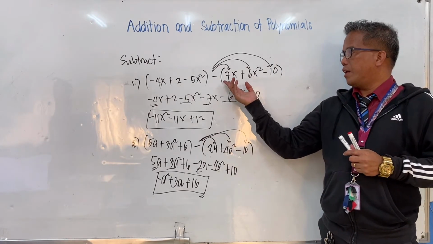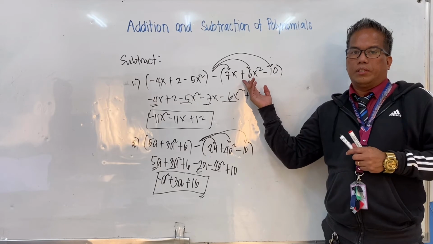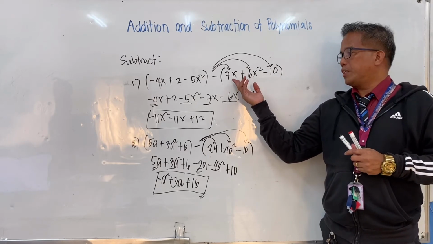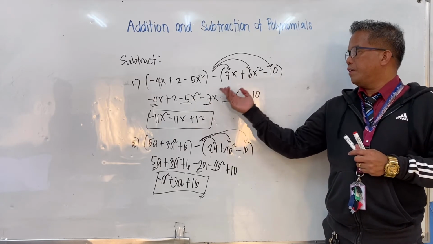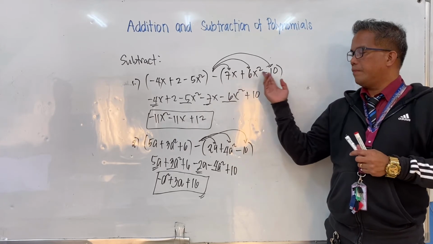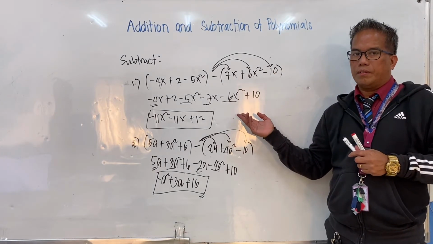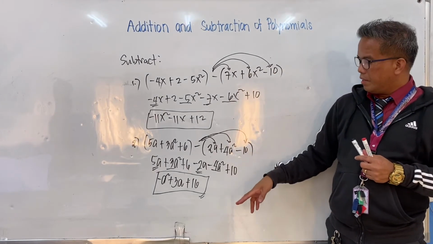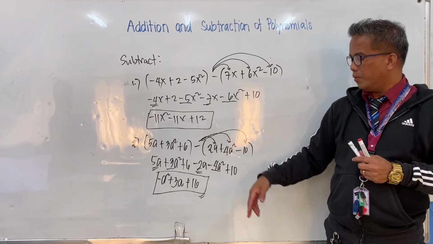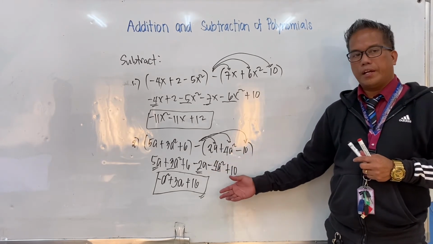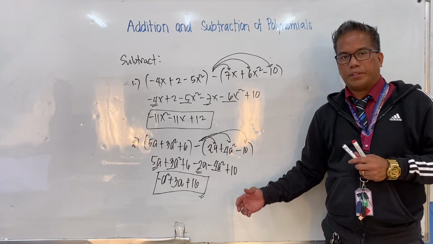Then the terms in the subtrahend will change. If it is positive, change it to negative. Positive, negative, then negative, change it to positive. Okay? So the same with here. You need to distribute also, then combine similar terms and simplify.